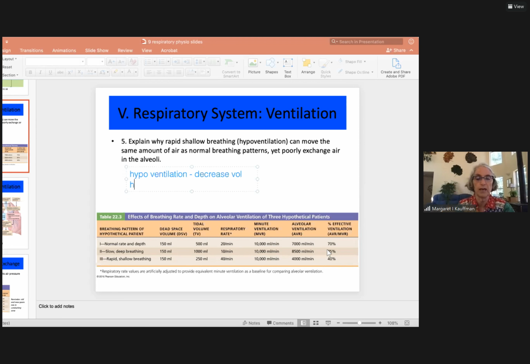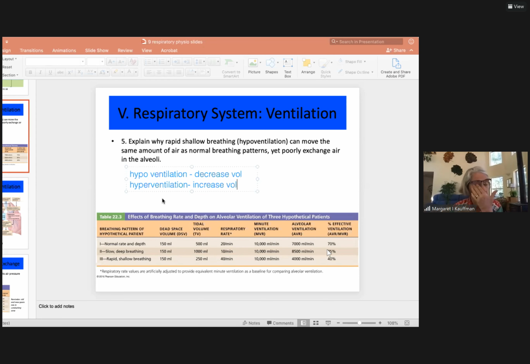And if you're seeing hyperventilation, it's talking about the increase in volume. So rate is certainly a factor, but you're going to see with hypoventilation why, even though you breathe faster and therefore move the same amount of air from outside in the atmosphere into your alveoli, your efficiency becomes very low.